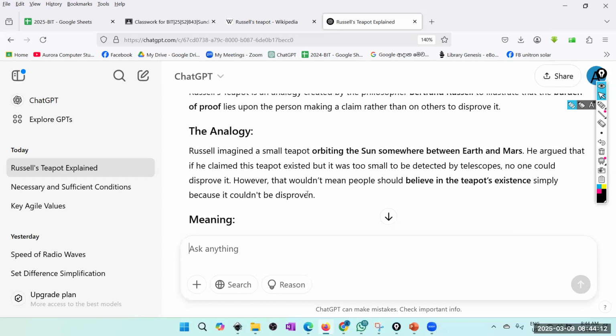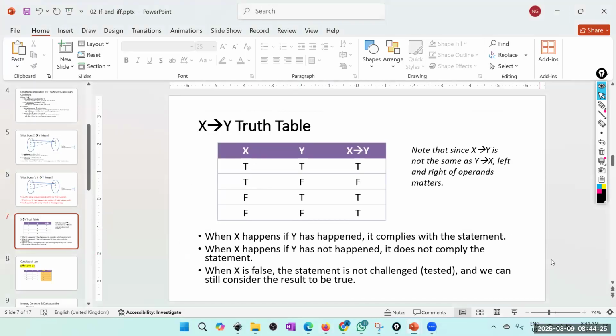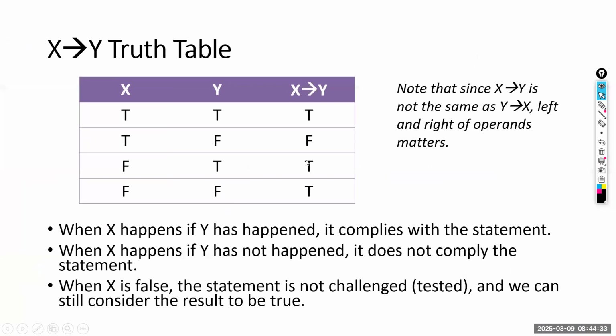Okay. So that is what is called burden of proof. The burden of proof is with the person who makes that claim. Right? Not for others. So now you can see it is a little bit contradictory here. Because when this is false, we take it as true. But this is not something like that. This is when X happens, Y happens.